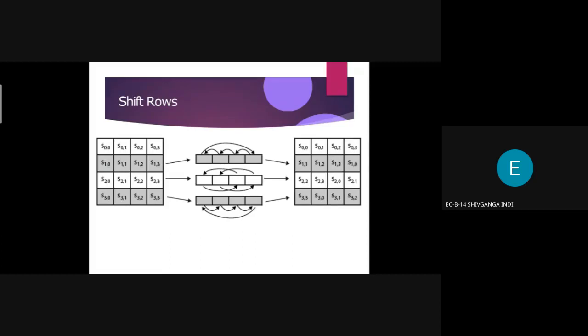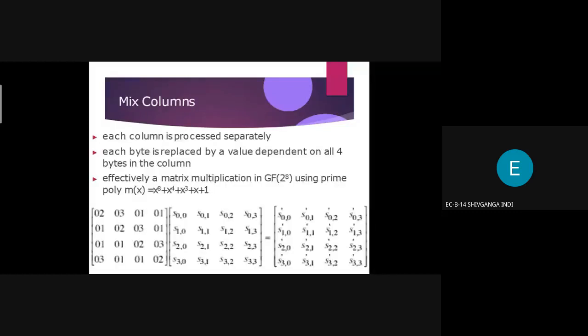For the second row, we perform the left shift operation by one byte, so we shift S11 to the left-hand side by one byte. For the third row, we shift by 2 bytes, and the fourth row we shift by 3 bytes. In this way we can shift the particular rows.